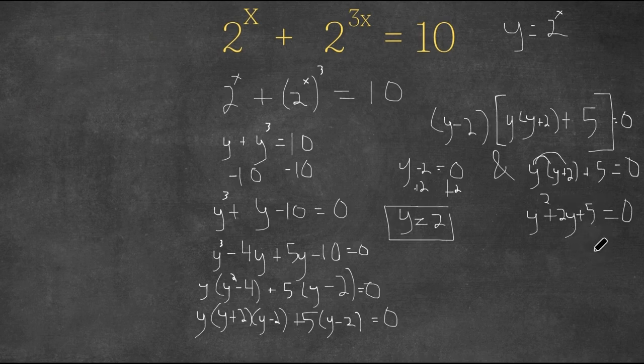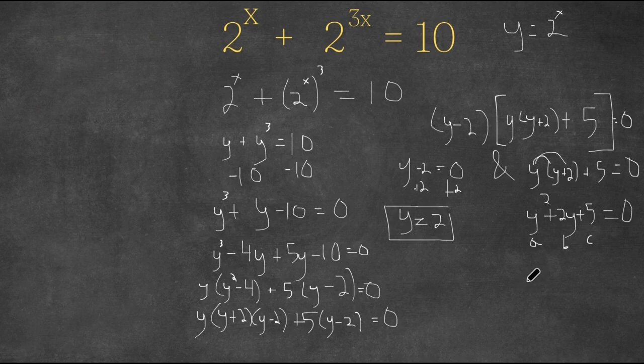And now, as you see, we have a quadratic equation here, and we want to solve this, right? So we're going to use our quadratic formula, negative b plus or minus the square root of b squared minus 4ac all over 2a. Remember, y squared is a, 2y is b, and 5 is c.